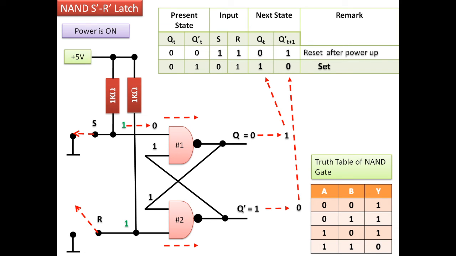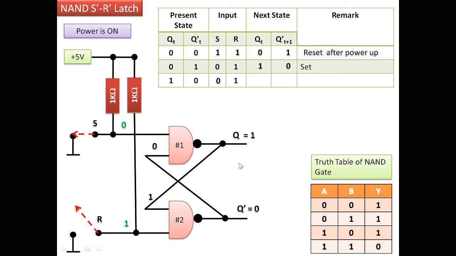So whenever we are subjecting the set input terminal to low logic, only then that particular section output is getting activated. So we can call that the latch is active low. That is, when the inputs are connected to low, only because of that particular terminal the output changes.